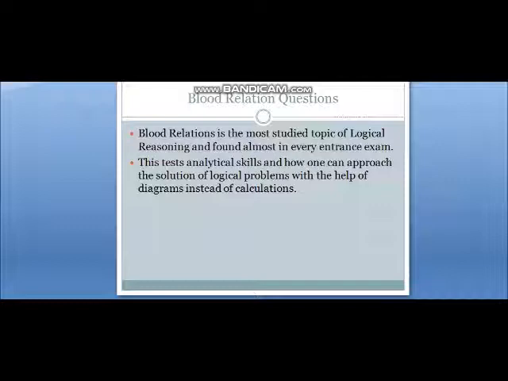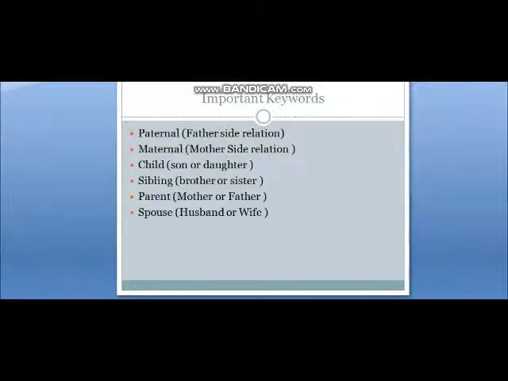These questions test your analytical skills and how you solve logical problems with the help of a diagram. So how to solve that and how to think for that, we are going to understand.